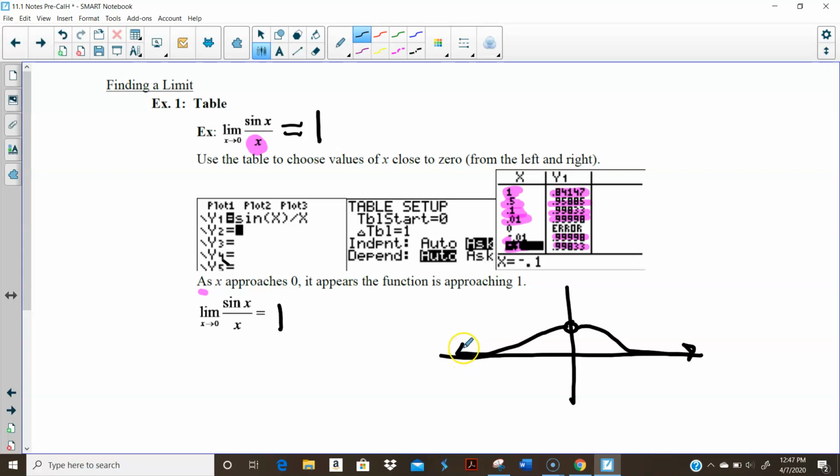As I'm moving in from the left towards 0, the y values, or f of x values, are moving closer and closer to 1. And as I'm moving in from the right side, as x is moving towards 0, the y values are moving closer and closer to 1.